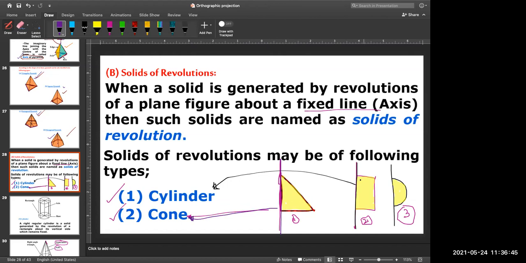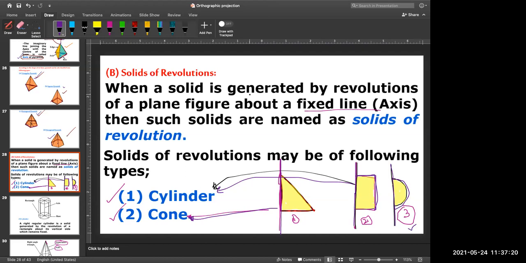If you make a rectangle like you can see in figure number 2, and then revolve it about one axis, then you will get a cylinder. If you make a semicircle like you can see in figure number 3, and you revolve it about one axis, then you will get one sphere. So this type of solids are called solids of revolution.